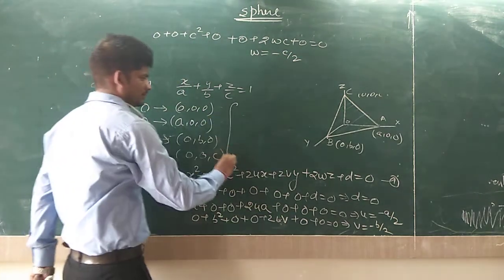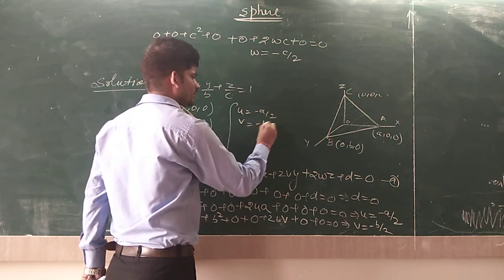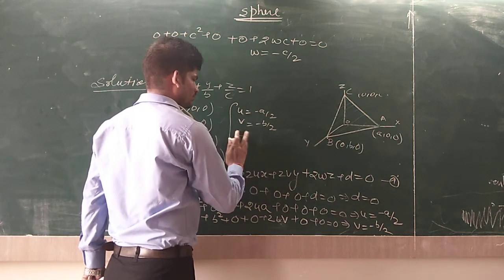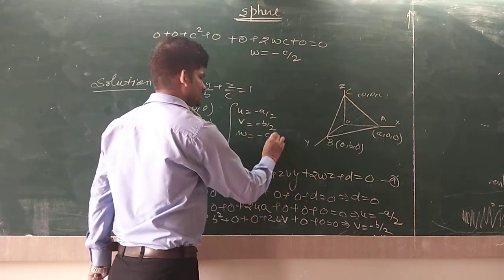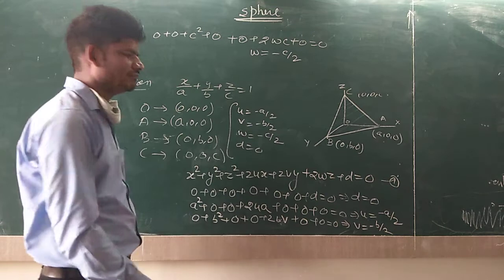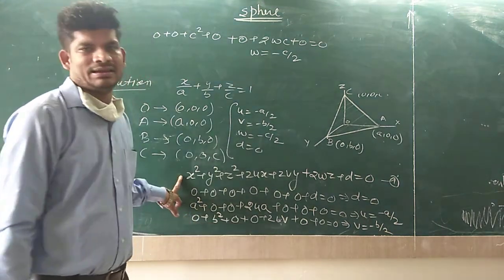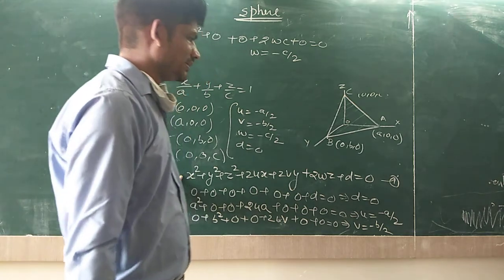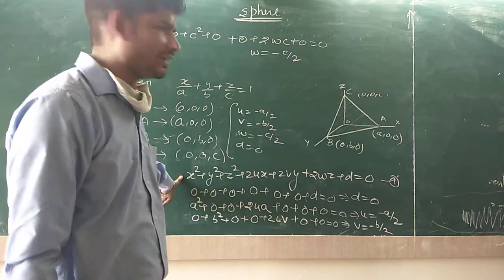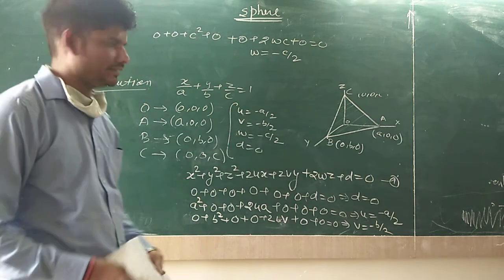Then u equal to minus a by 2, v equal to minus b by 2, w equal to minus c by 2, and d equal to 0. So we find the value of u, v, w, d. Putting in equation 1, this is the required equation of the sphere. Then put the values of u, v, w and d.